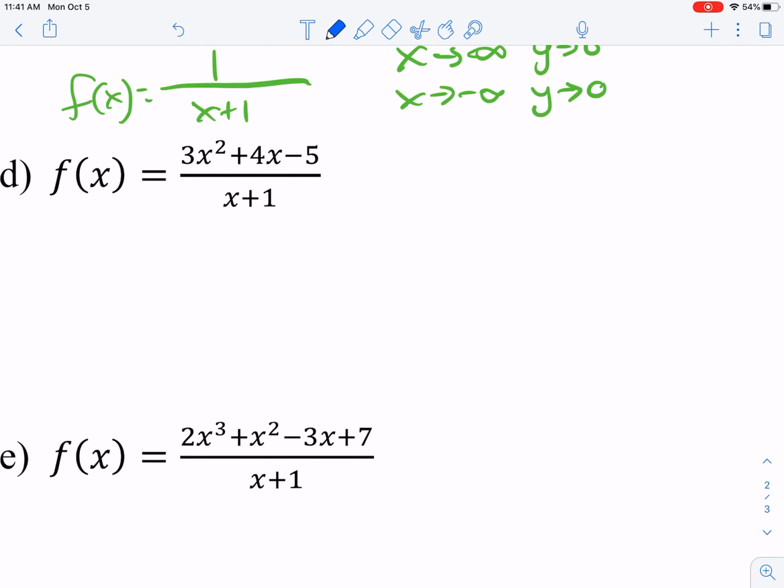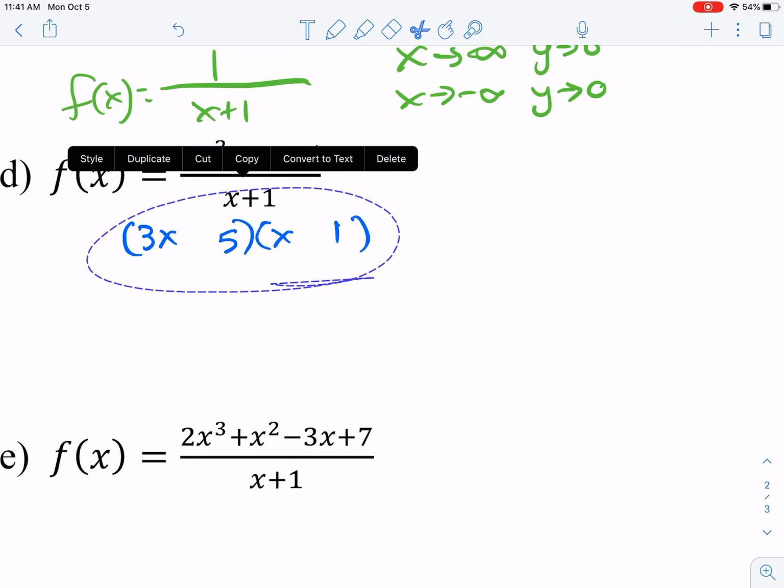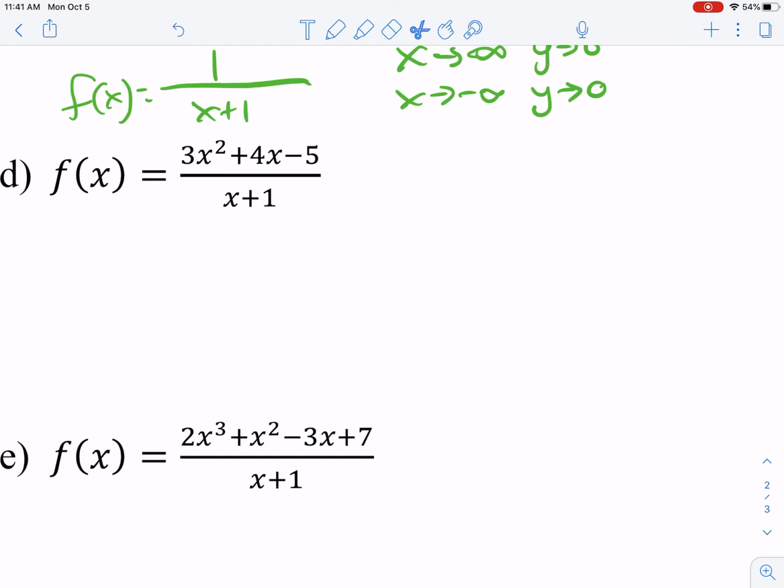Okay. We got to factor again. Let's see. 3x and x, 5 and a 1. Doesn't look like it factors. I know I have an asymptote. x equals negative 1. It's top heavy, so y is equal to, it's by more than 1, I got to divide.